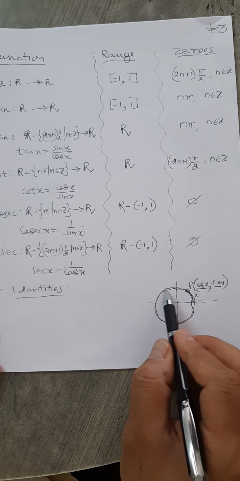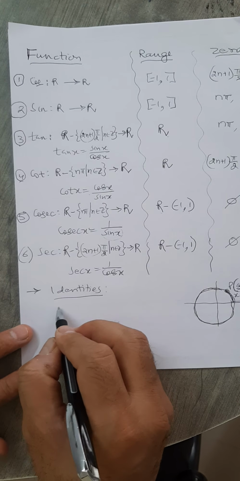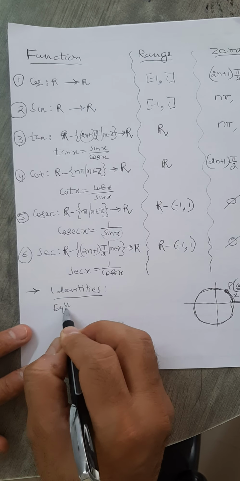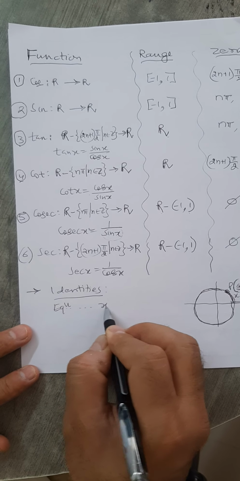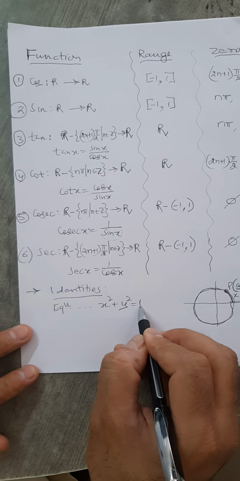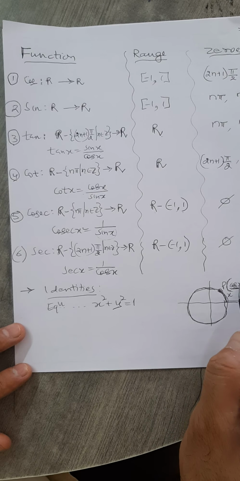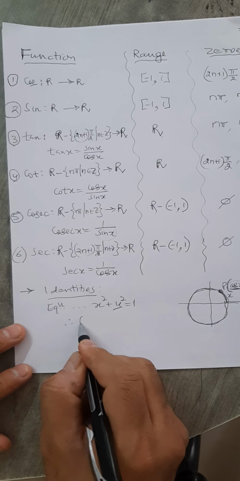Now if you remember, what is the equation of the unit circle? What was that, if you recall? The equation of the unit circle was x square plus y square equals 1. Now x and y is any point on the unit circle, but here instead of x on the unit circle you have cos x.